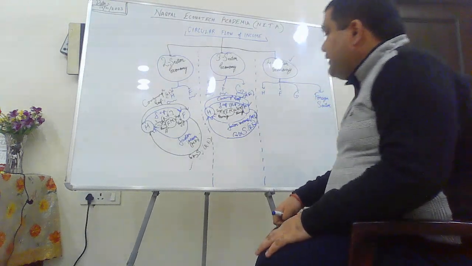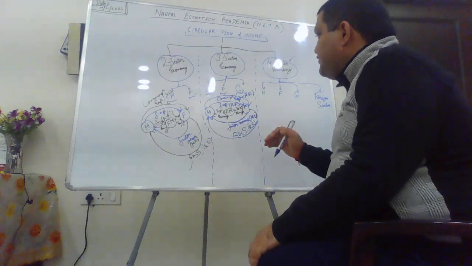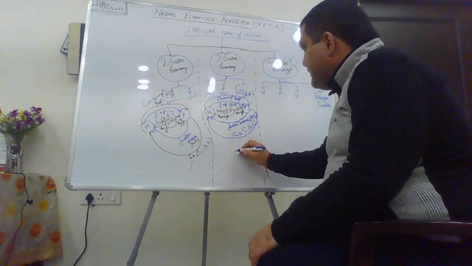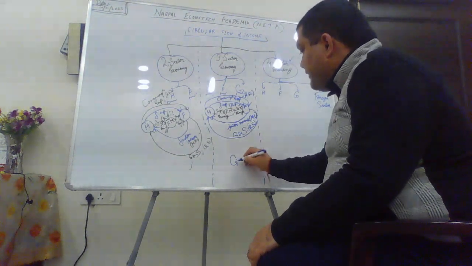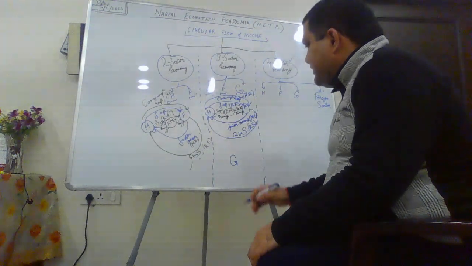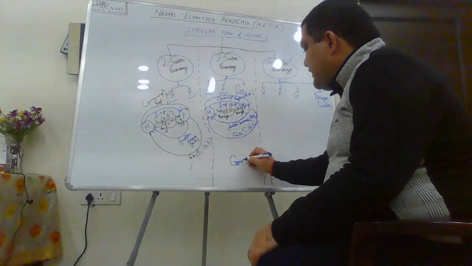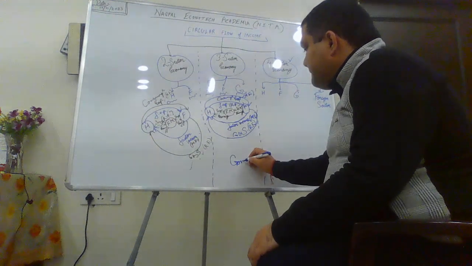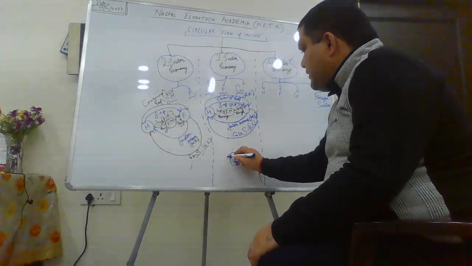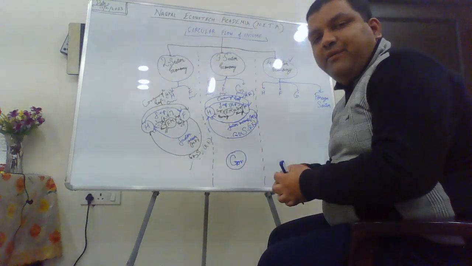So now, as we had discussed, we are going to introduce the new sector here, that is the government sector. I'm representing the government sector as GOV, right? You may use other abbreviations as well because different textbooks offer different abbreviations.